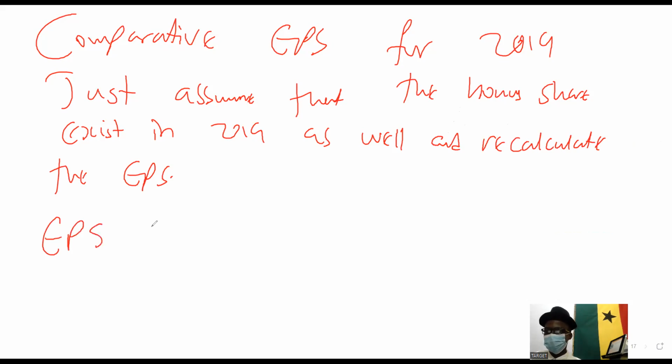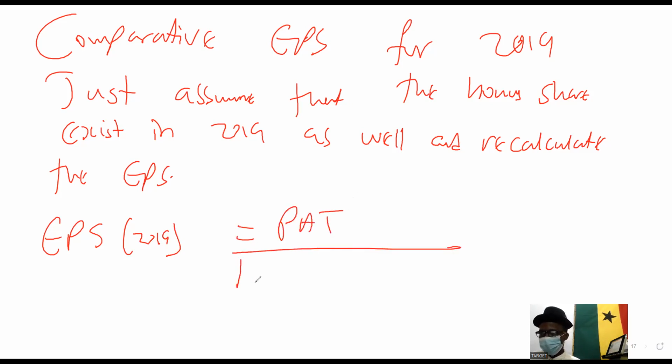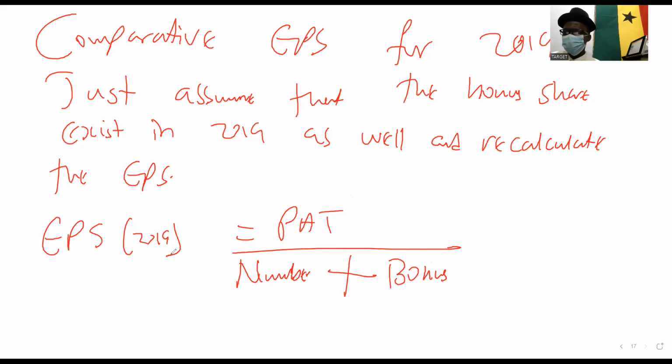So even though it's for 2019, the formula will be profit after tax over the number of shares plus the bonus issue. That's all. So now let's go. Tell me, what is the 2019 profit after tax?